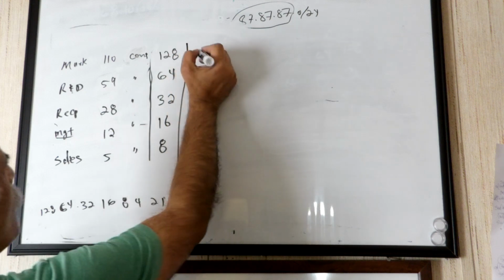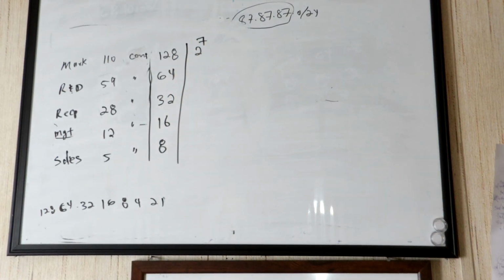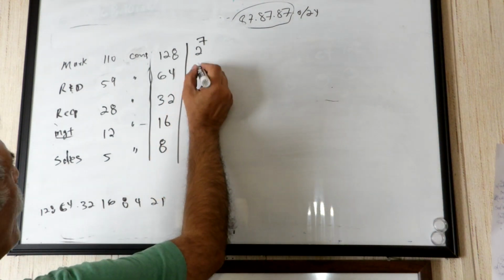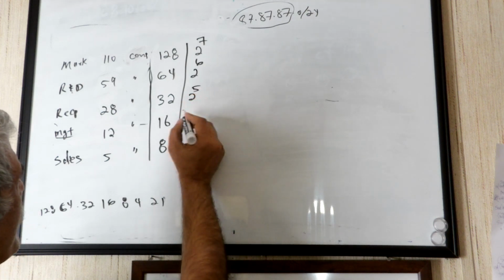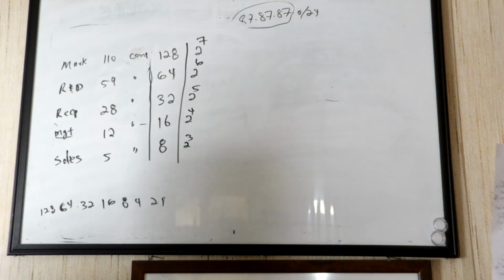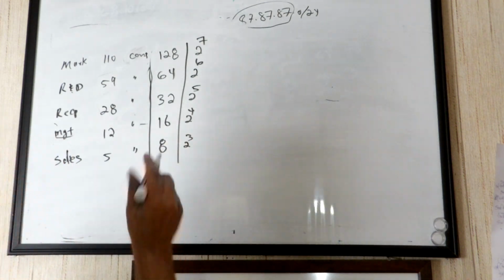Okay, this is going to be 2 to the power of 7, 128 hosts. 64 is going to be 2 to the power of 6, 2 to the power of 5 is going to be 32, 2 to the power of 4 is going to be 16, 2 to the power of 3. It's so easy to find 2 to the power of 5.